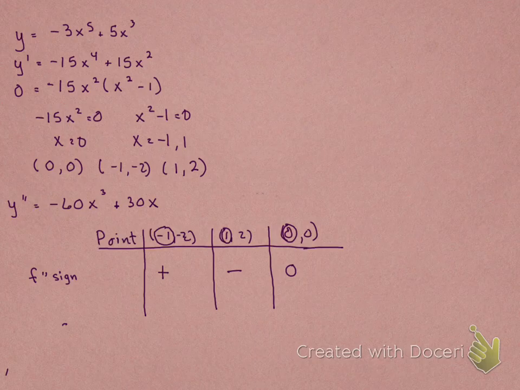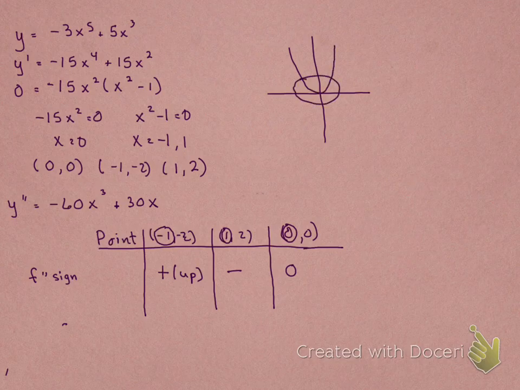So if the second derivative is positive at -1, that means that it's concave up. Well, let's think about that. If a function, so let's use a very basic function that's concave up, okay? A parabola is very definitely concave up, right?